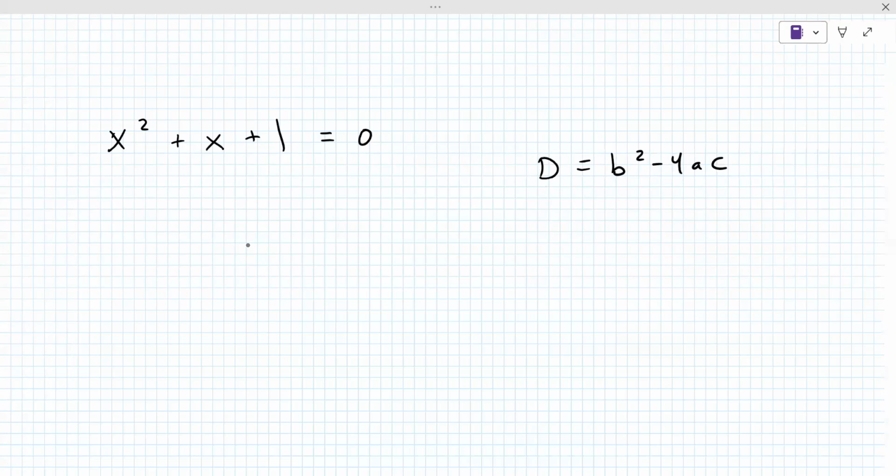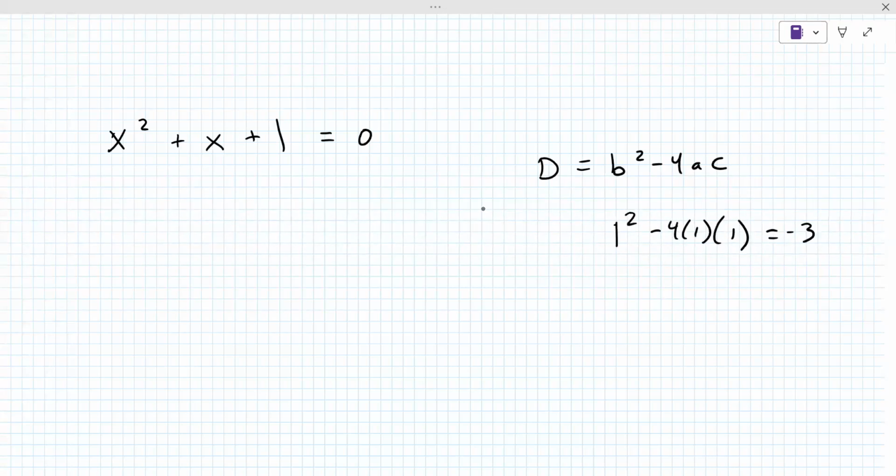Yeah. Negative 3. It is negative 3. Good.